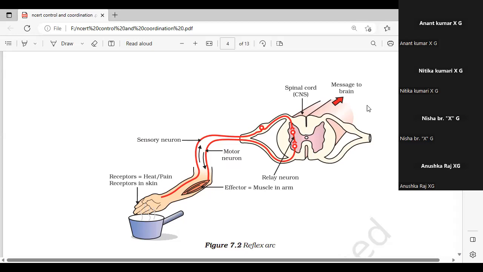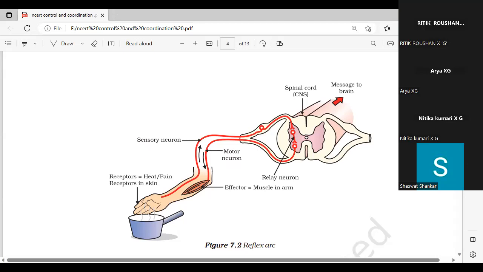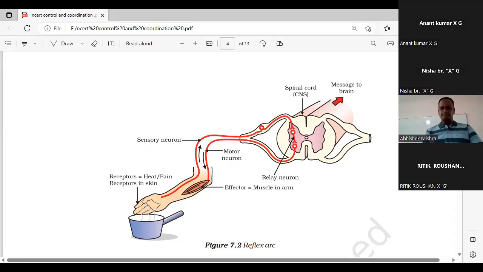The group of cells that detect stimuli to the central nervous system is called receptors. Okay, that detect the stimuli. Okay, fine. Yes, Anant, go ahead.